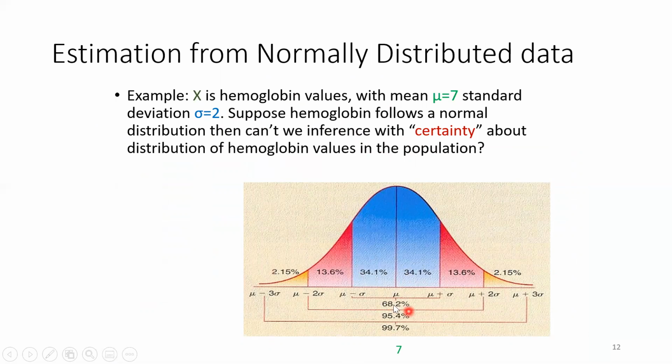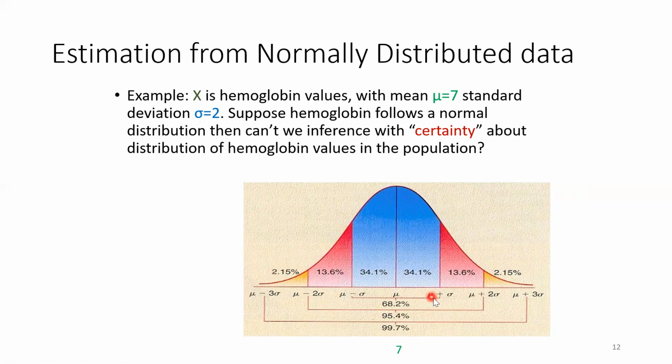How? If we want to compute mu plus sigma, mu minus sigma, or mu plus 2 sigma, mu minus 2 sigma, or mu plus 3 sigma, or mu minus 3 sigma.